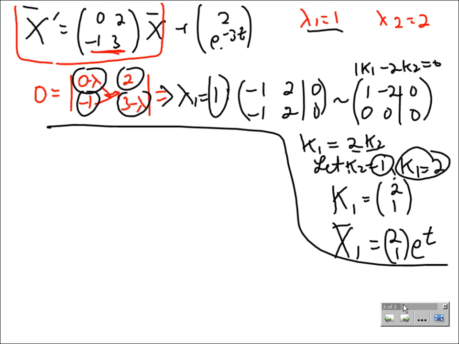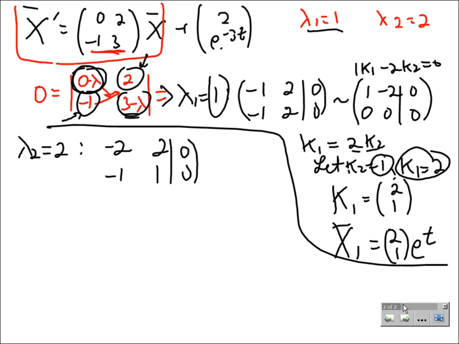Now, we do the same thing all over, but we plug in 2. 0 minus 2 is negative 2. That is 2. That is negative 1. 3 minus 2 is 1. If I divide the top row by negative 1, I get 1, negative 1, 0.